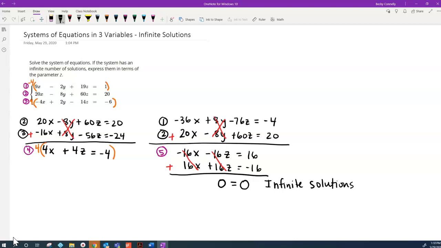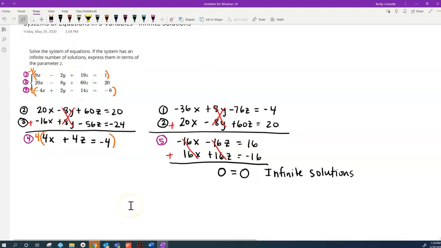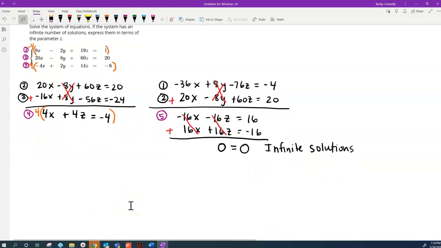But when you're trying to write that answer in and write it down, they're not going to just accept infinite solutions on this. So we've got to make sure that we follow the directions up there where it says express them in terms of the parameter z.